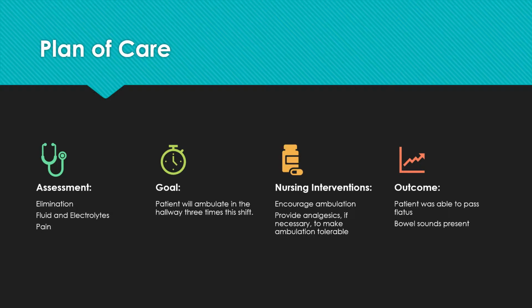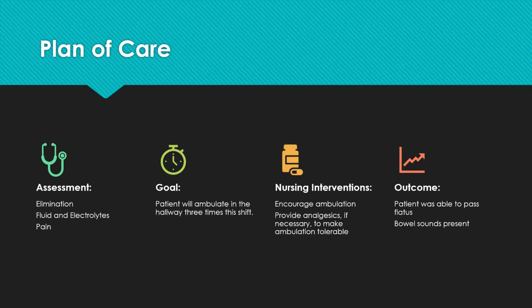My next assessment would be elimination, making sure to listen to their bowel sounds to see if any are present, palpating the abdomen for distension, and noting any tenderness. It is also important to ask when their last bowel movement was. I would also like to look at their fluid and electrolytes because these patients are at risk for dehydration. My goal for my patient was for her to ambulate in the hallway 3 times during my shift.